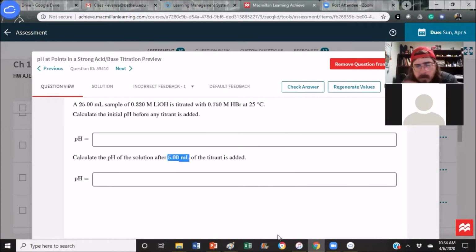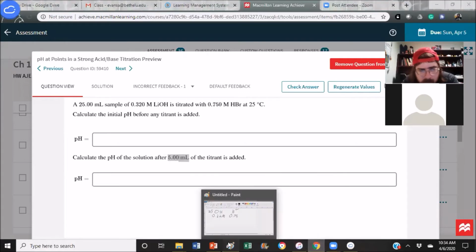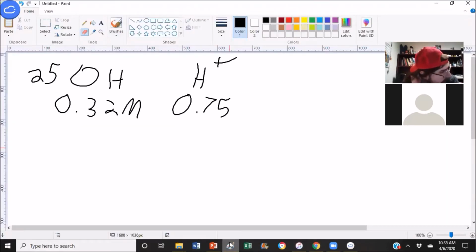But okay. So some of these points will be really, really easy. I'm going to actually do all 4 points, but some of these points are going to be really easy. So don't overthink this. There's only 2 parts of this that should be hard: during titration and after titration.